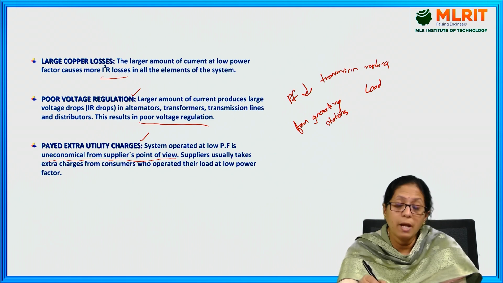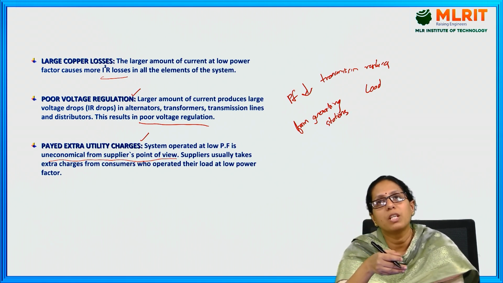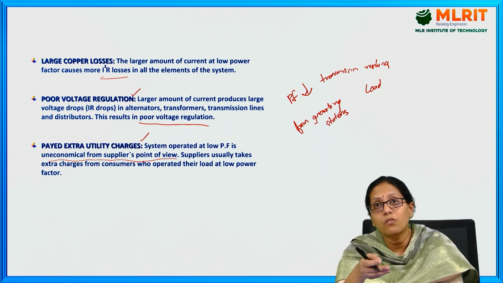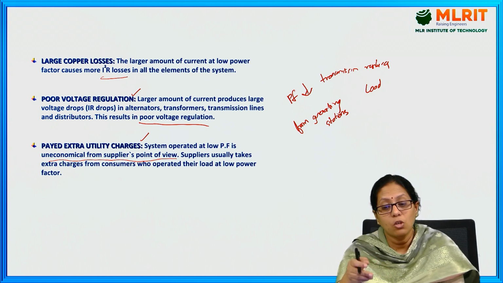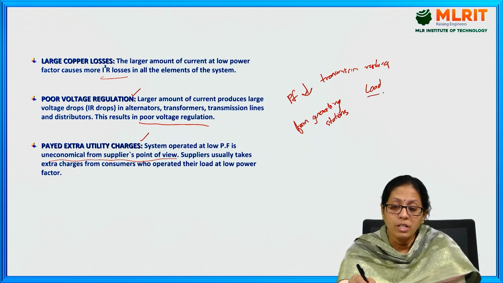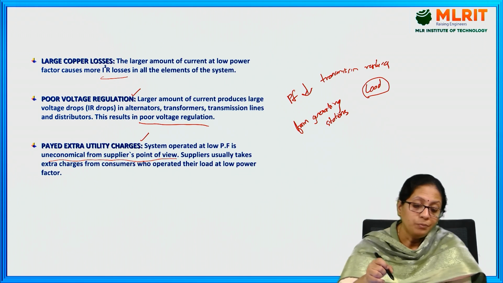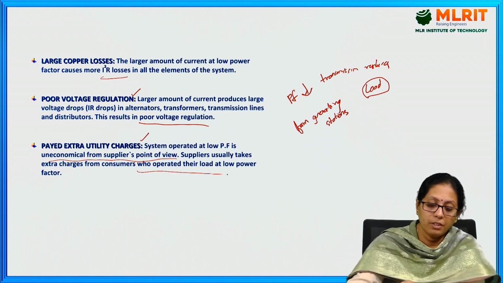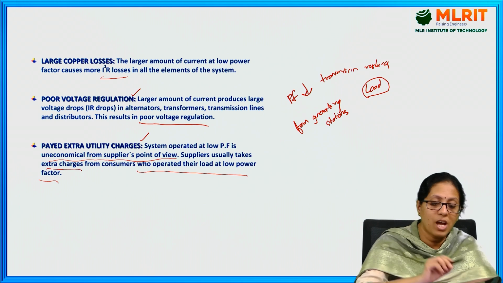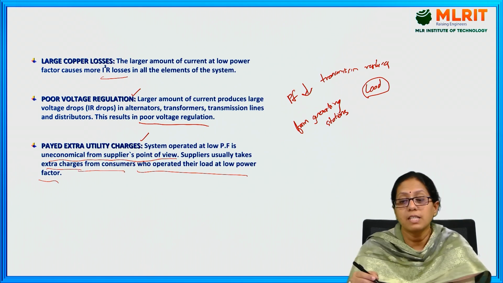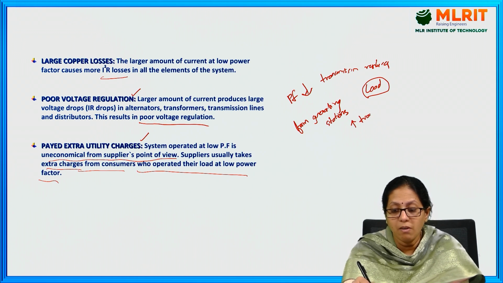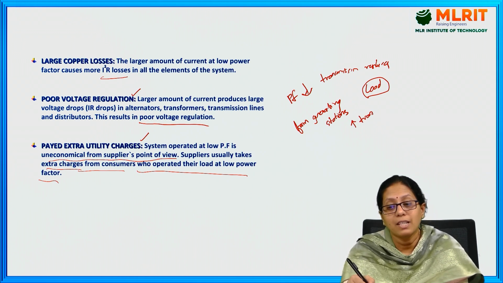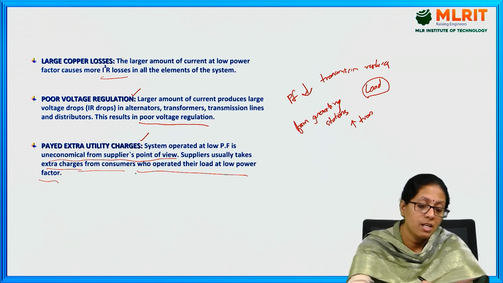So when more power has to be transmitted from the generating stations to the load because of this low power factor, automatically the cost of transmission as well as the burden on the load increases. Extra charges are levied on customers who operate the load at low power factor, and this increase in transmission power is nothing but an increase in cost, and that cost is borne by the customer.